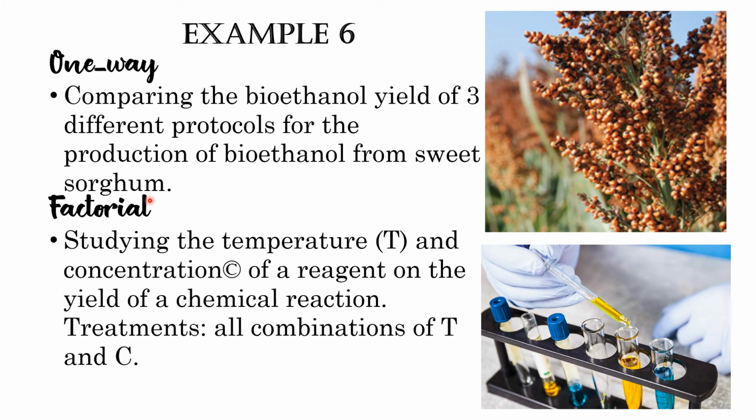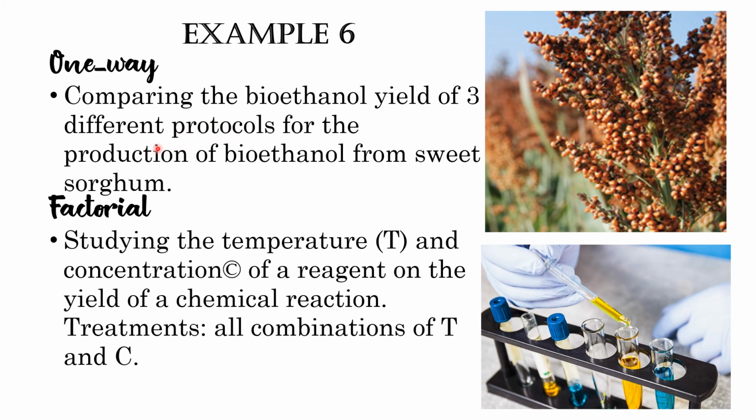Our response variable here in this example is bioethanol yield. This sweet sorghum produces the bioethanol, but if you apply the different protocols or processes, then you will also have different bioethanol yields. So our treatment here is only the different protocols. We have three different protocols, and our levels are three different protocols.